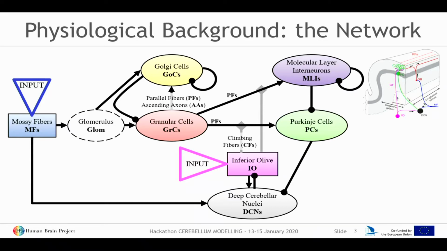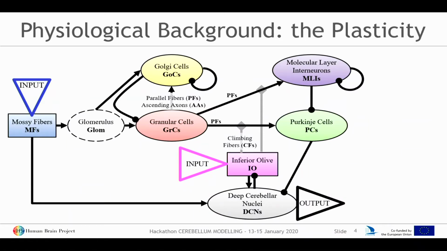They also have an exchange of connections with the inferior olive neurons. Then we can read out from the cerebellum through the activity of the deep cerebellar nuclei. So this is the network, the model that we are using, and we are obtaining information about all these neural populations from physiological data.